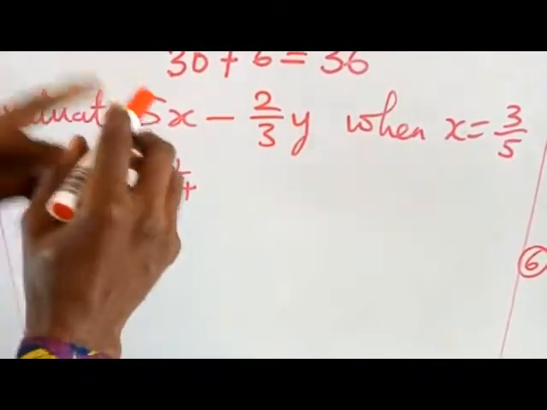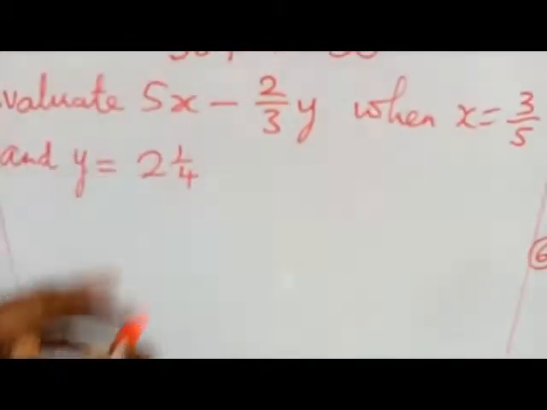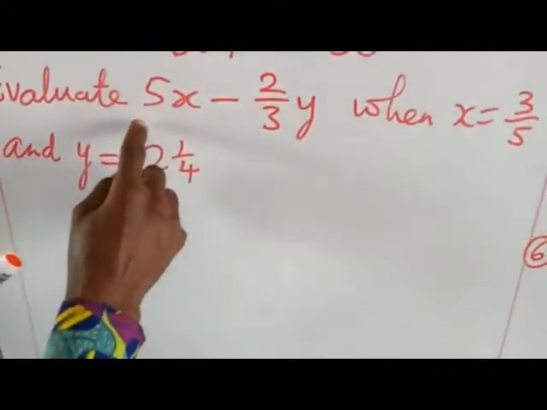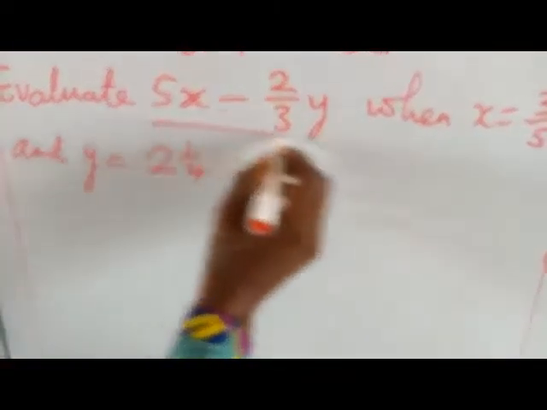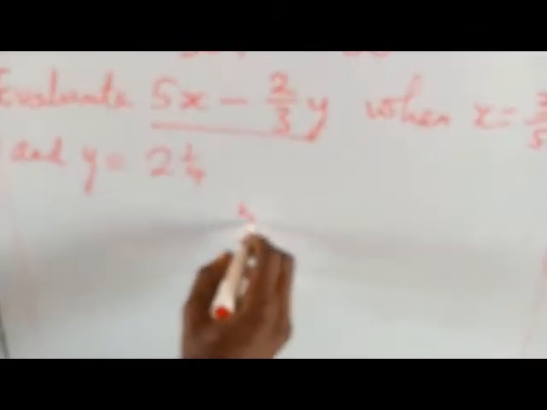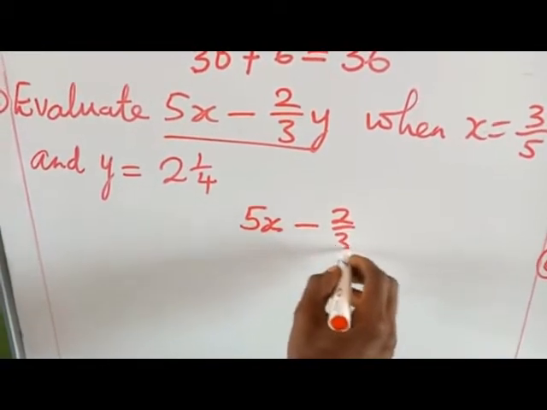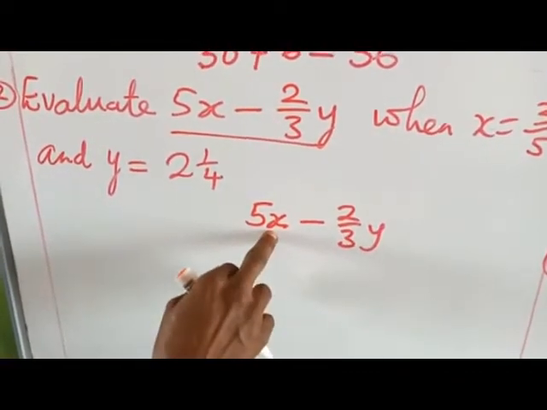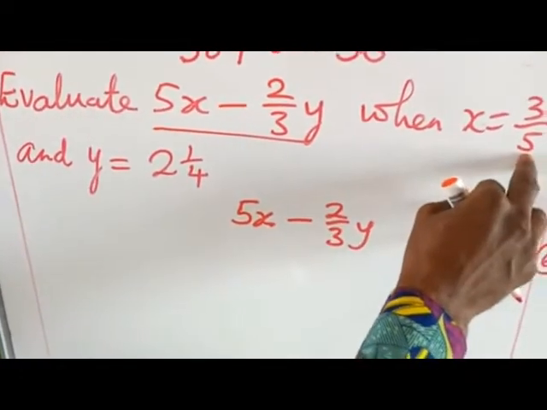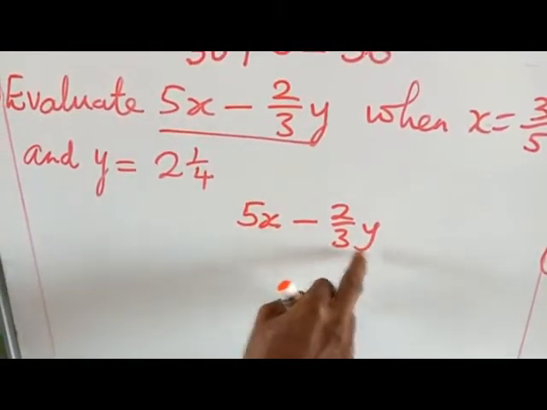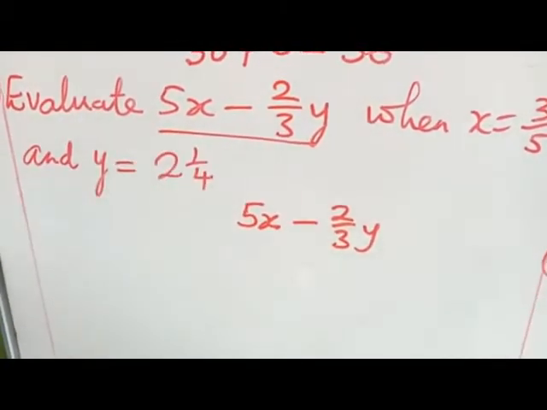Wherever you see x, you put that value. You do the same thing with y. This is the expression that we want to solve. Let me write it out: 5x minus 2 over 3y. Whenever I see x, I put 3 over 5. Whenever I see y, I put 2 whole number 1 over 4.